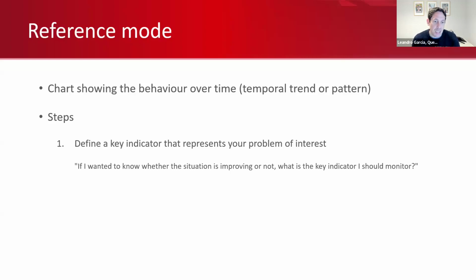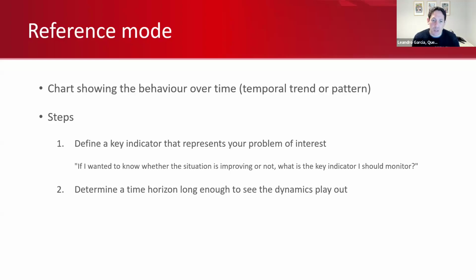Once you define the key indicator that represents your problem of interest, the next thing we do is determine a time horizon long enough to see the dynamics play out. Going back to our example of cycling among women, the levels of cycling among women wouldn't change in a sustainable way if we just observe the behavior of that indicator for, let's say, a couple of weeks, right?